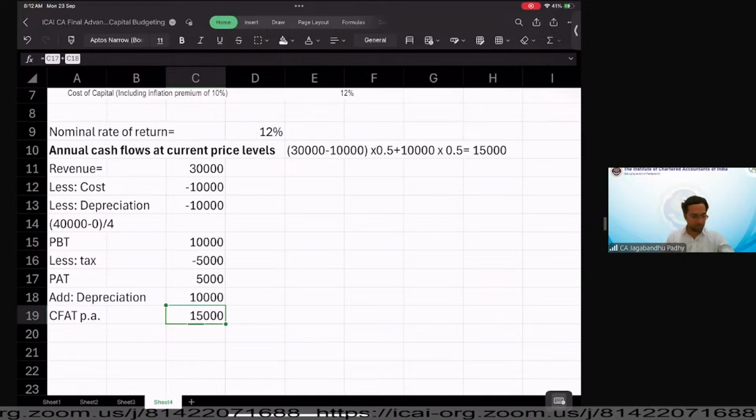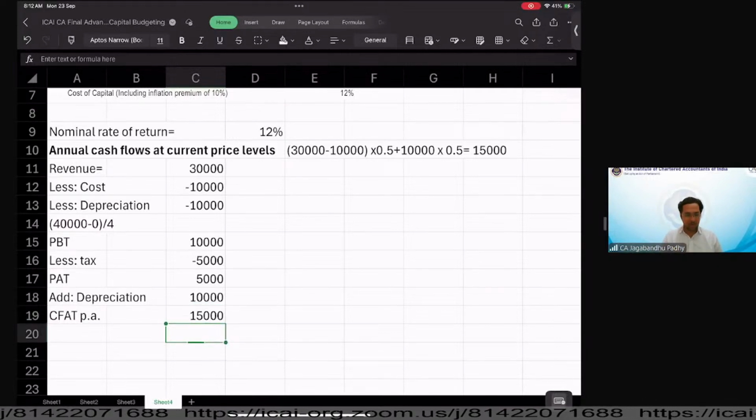Can you tell me? Can I say I need to add the inflation to this, right? So since we have the nominal rate of return 12%, I am going to get the nominal cash flows.